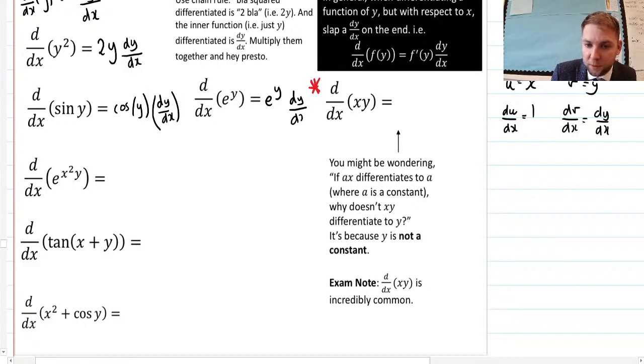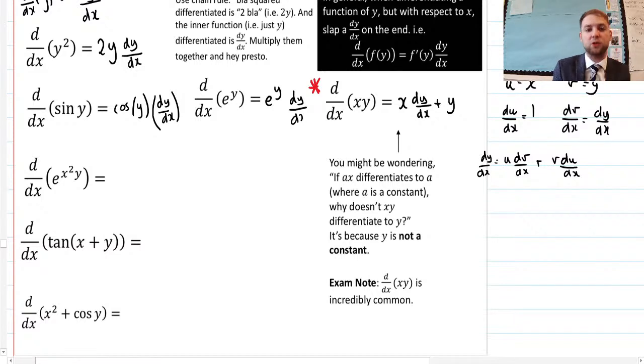And we know the formula for this is dy by dx is equal to u dv by dx plus v du by dx. So u is equal to x times dv by dx, which is equal to dy by dx, plus v, which is y, times du by dx, which is equal to 1.